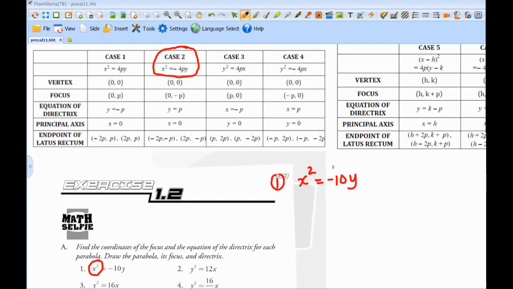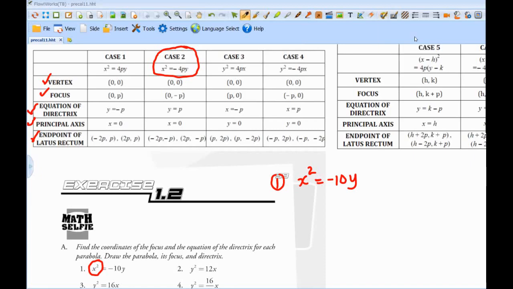Therefore, we are going to get what? The vertex, definitely, is at the origin. We need the focus, equation of the directrix, principal axis, and the endpoints of the latus rectum. So let's start. In order to get the focus, you first have to get the value of p.